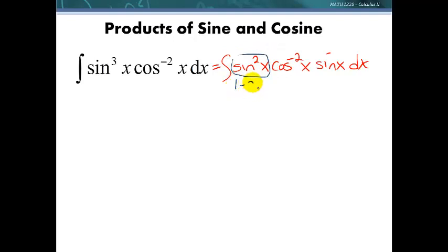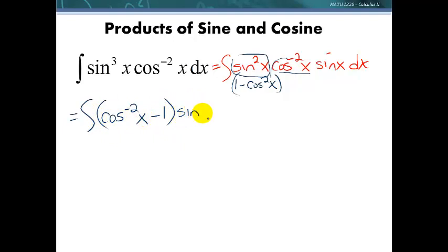This is 1 minus cosine squared x, and it'll be multiplied by this cosine to the negative 2x, and so that'll leave us the integral of cosine to the negative 2x. When I multiply these two together, that's going to give me minus 1. And then I still have the sine x dx.